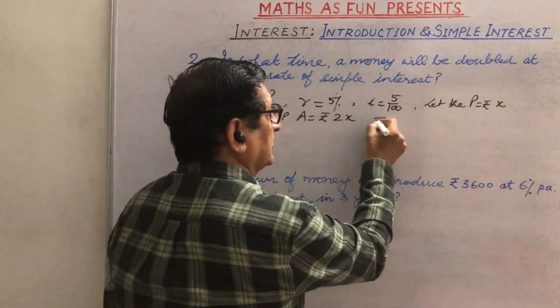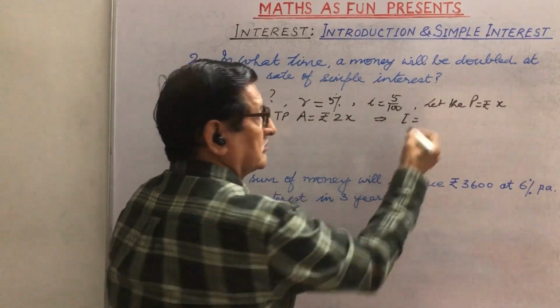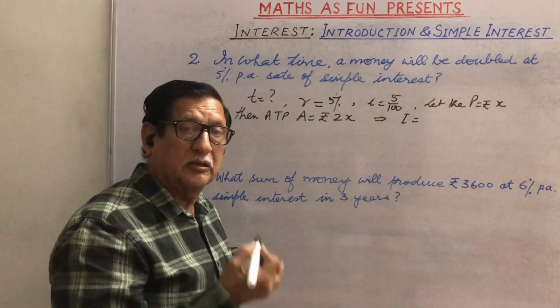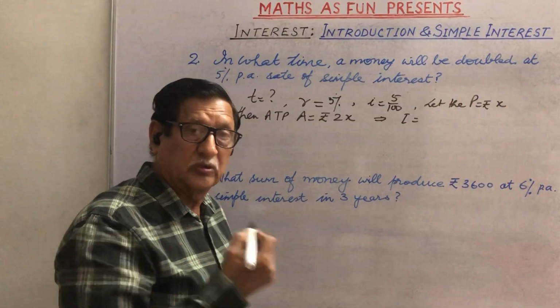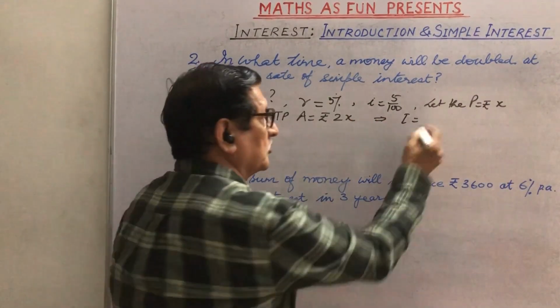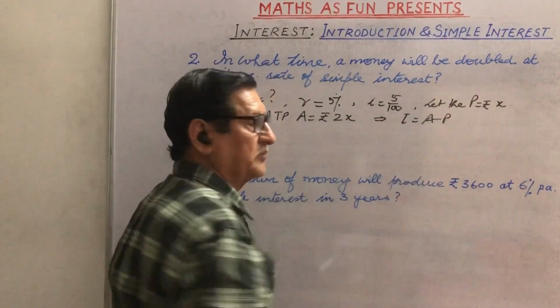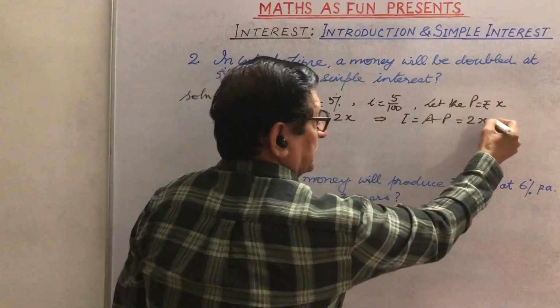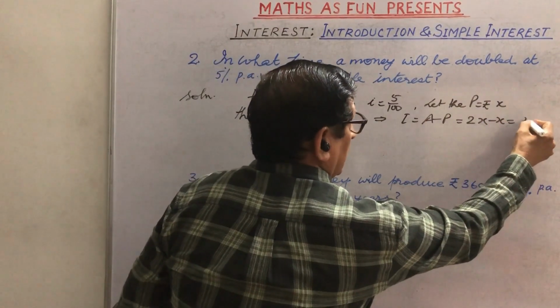Then what will be the interest? We know principal is to be added to the interest to get the amount. Amount is equal to P plus I. So we can calculate that I will be equal to amount minus principal. Amount is 2X, principal is X, so this will be X here.